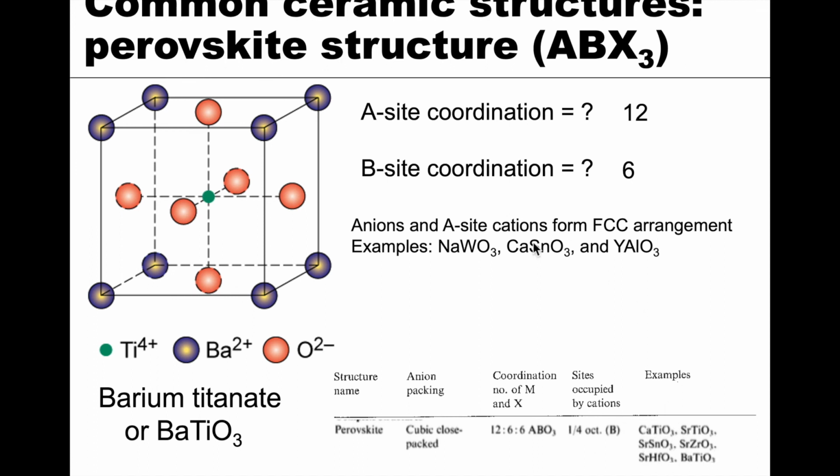So most of these are oxides, and then there's going to be a pretty big difference in size between the two cations typically. So barium and titanium have big differences in size, and so that's the other key to this, and usually differences in charge as well.